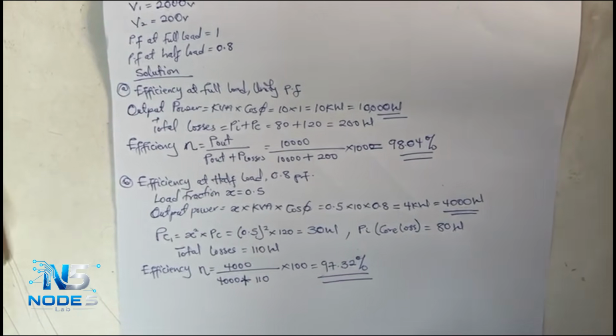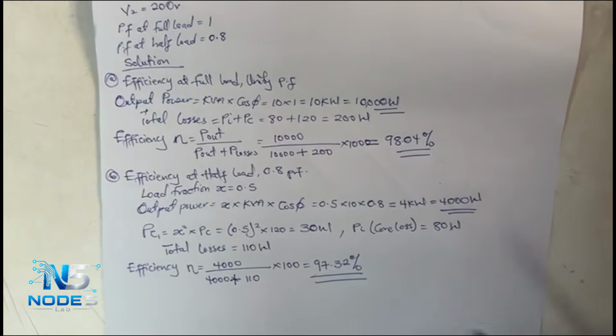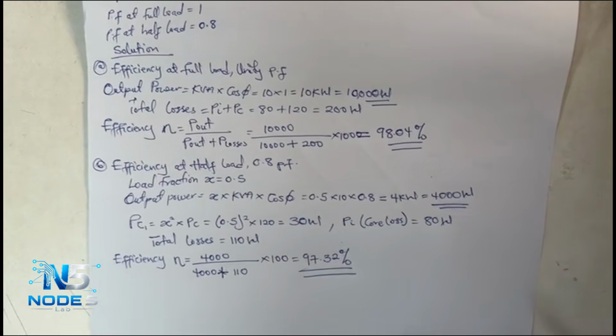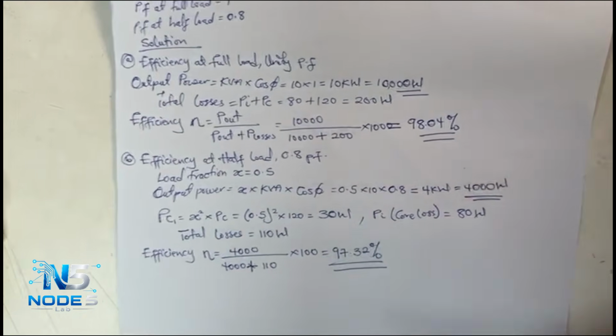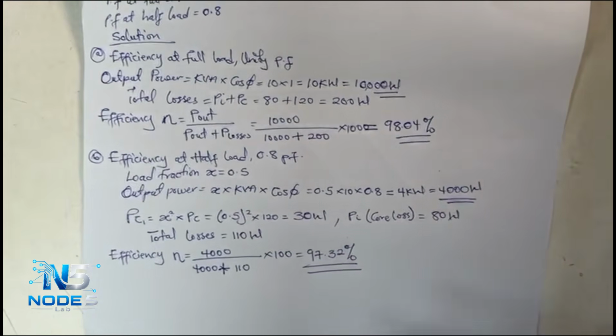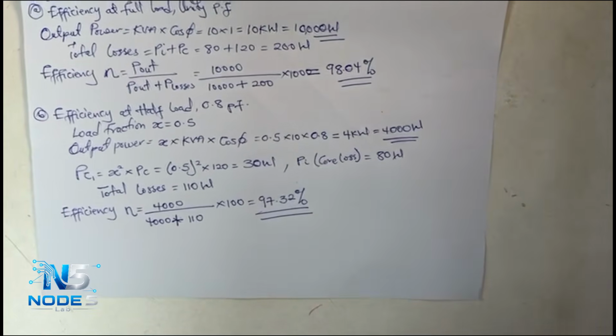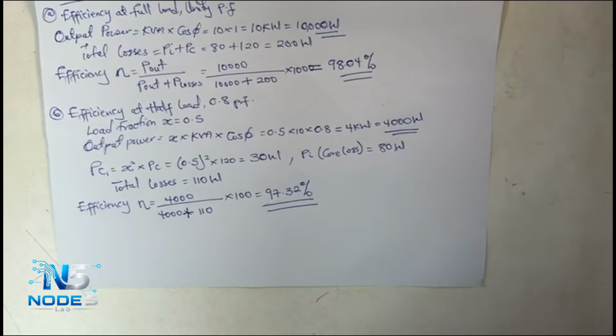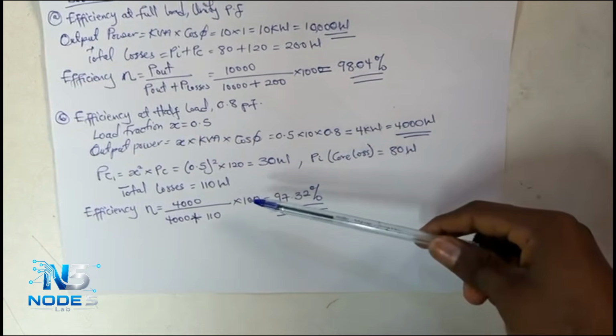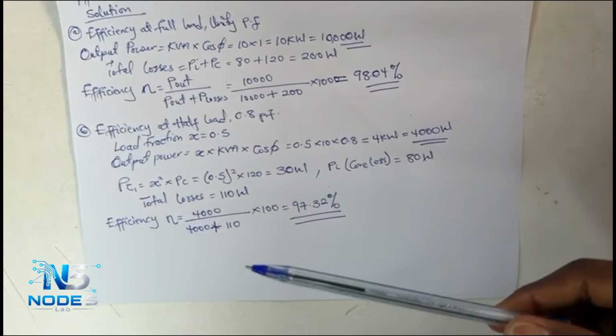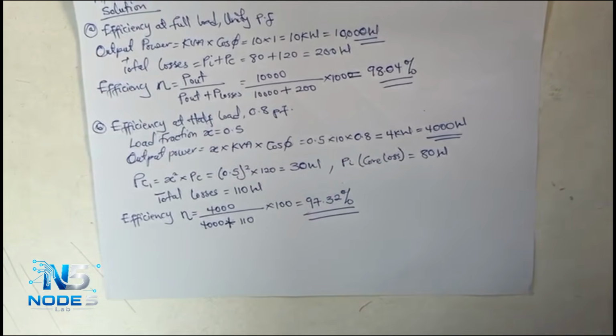Good. Let's see how we'll find the efficiency at half load. Always remember that the iron losses is always constant, but here the copper loss varies.